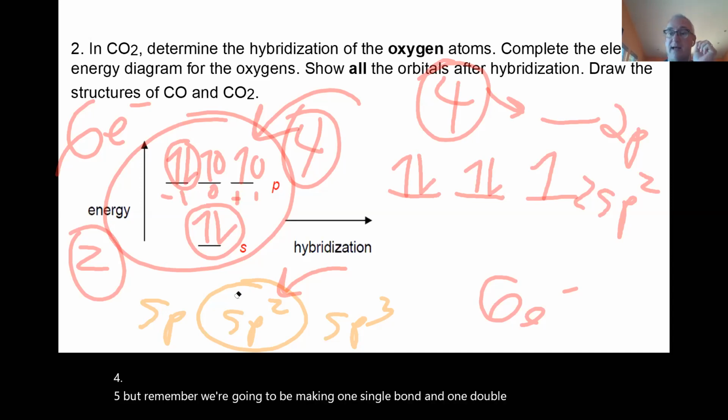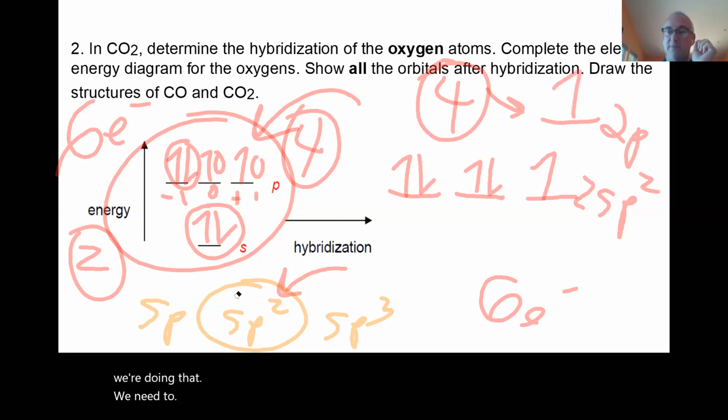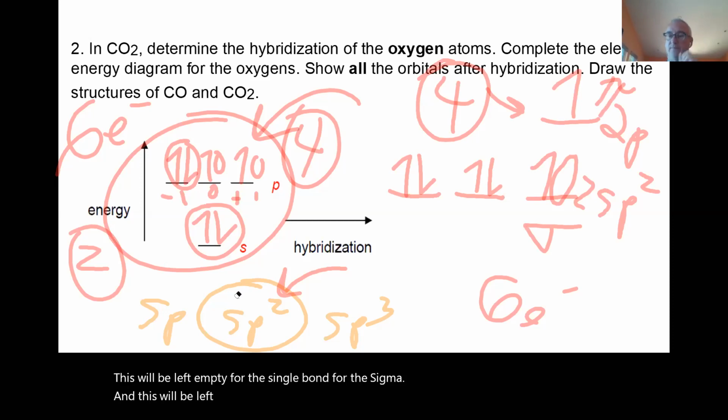So since we're doing that, we need to put one of them up in the p, so this will be left empty for the single bond, for the sigma, and this will be left empty for the pi. So that's what our hybridized orbitals would look like.